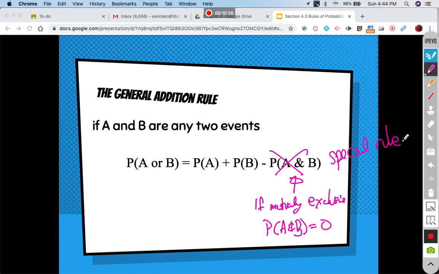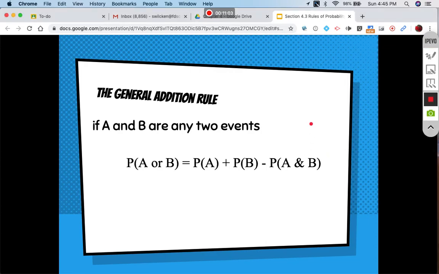The special rule works only if they're mutually exclusive. But this shows you the general rule will always work, because if they are mutually exclusive, then this will be 0, it pops out, and we've got the special rule. So that's one nice thing: if you're not sure which rule to use, use the general rule, because the general rule always works. That's why it's general. The special rule only works for mutually exclusive events.